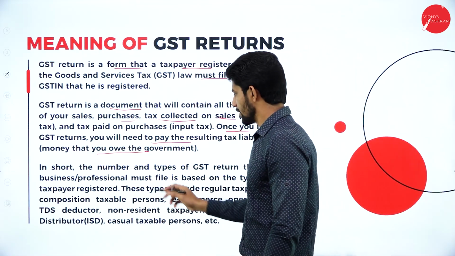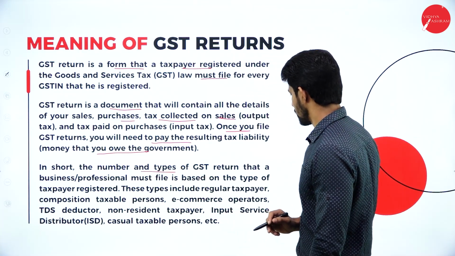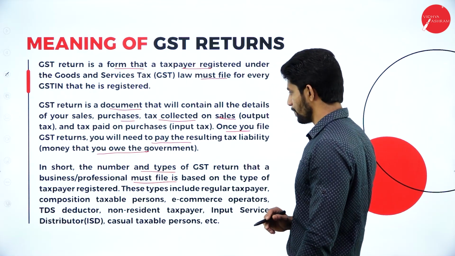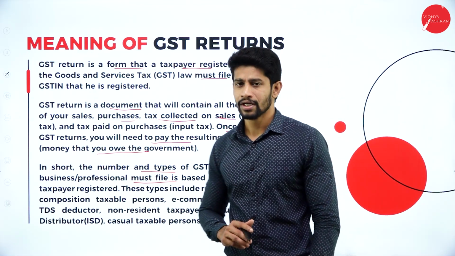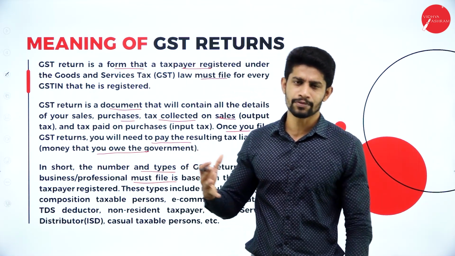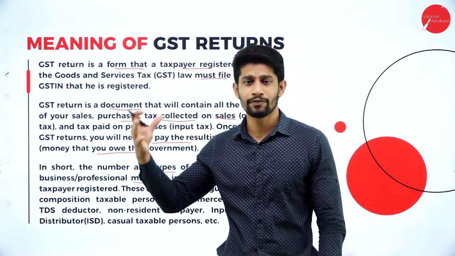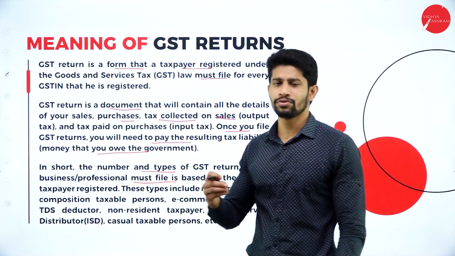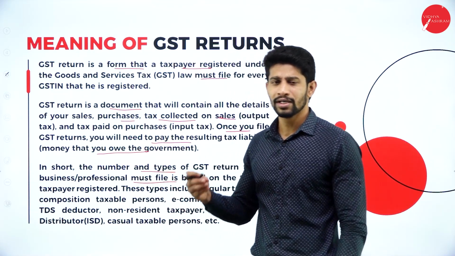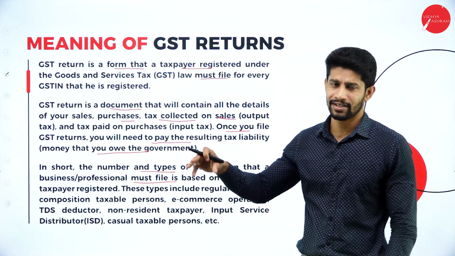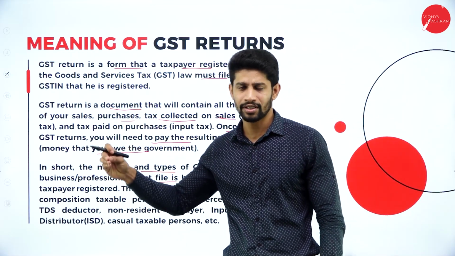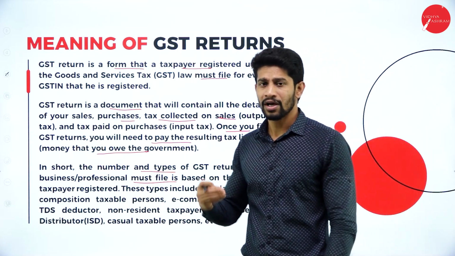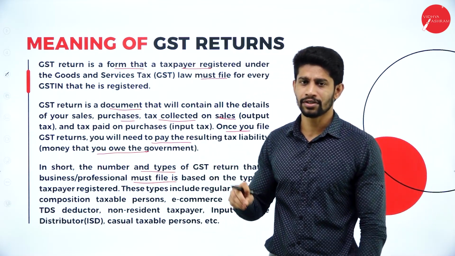In short, the number and types of GST return that a business professional must file is based on the type of taxpayer registered. Yes, so under GST we have different types of GSTR returns, different types of forms. Which form is supposed to be filed by each individual business entity is based on what category he registered, whether as an occasional business person or a regular business person, under what type of registration he registered.